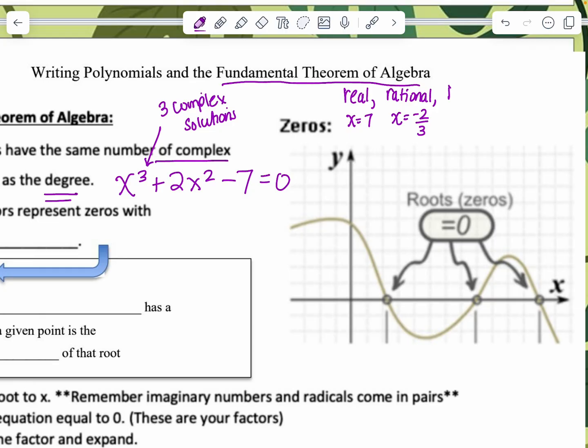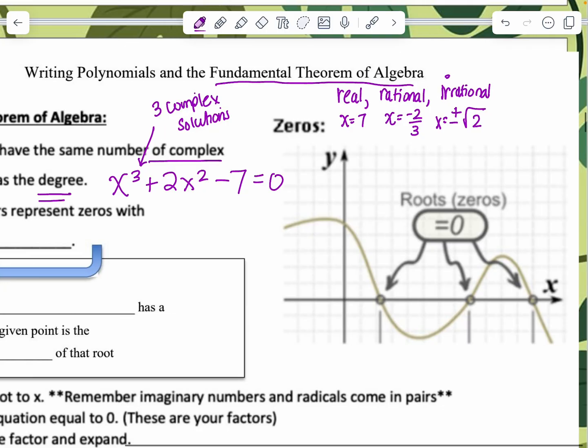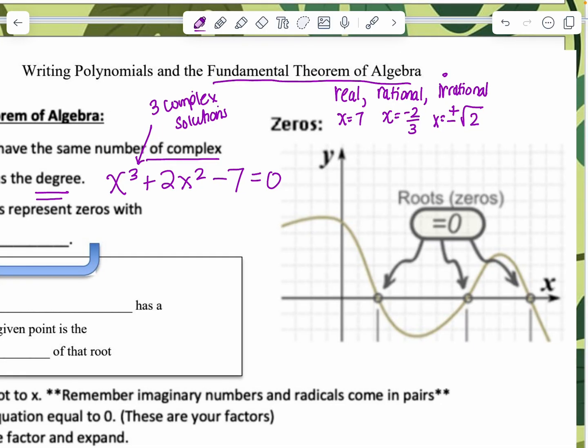It could be an irrational solution. We can also see irrational solutions on a coordinate plane, but an example would be x equals plus or minus square root of 2. And then lastly, we have these imaginary solutions. Now, an irrational solution could be seen on a coordinate plane, but an imaginary solution cannot be seen on a coordinate plane.